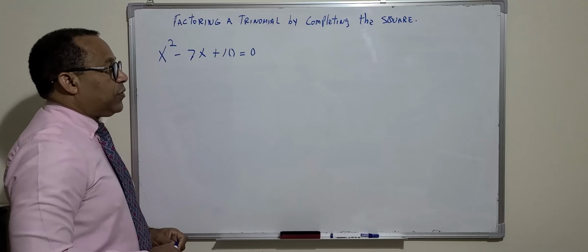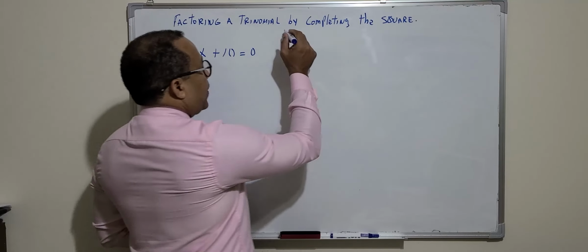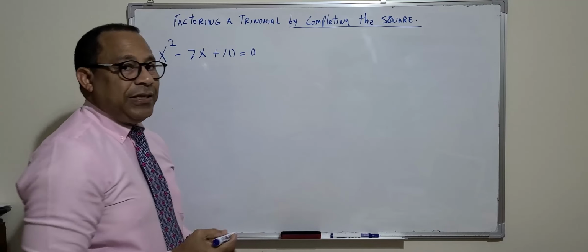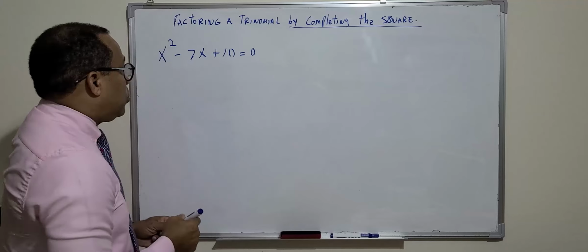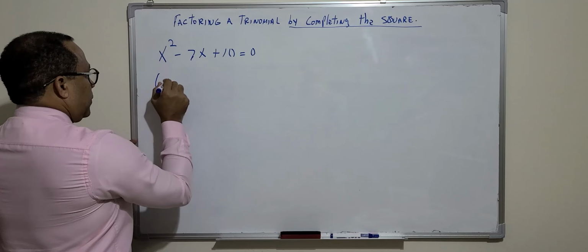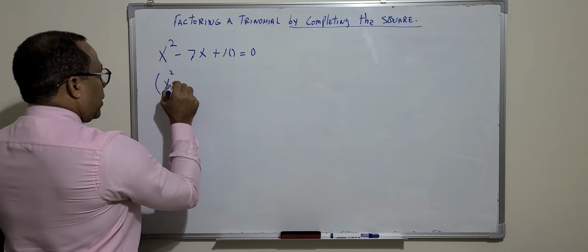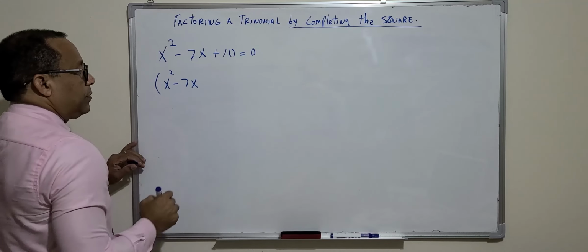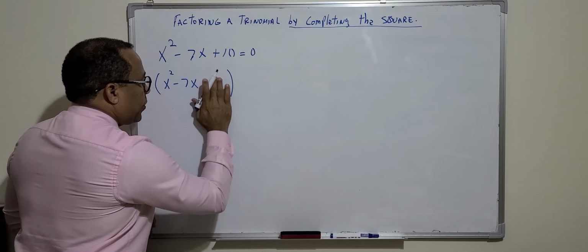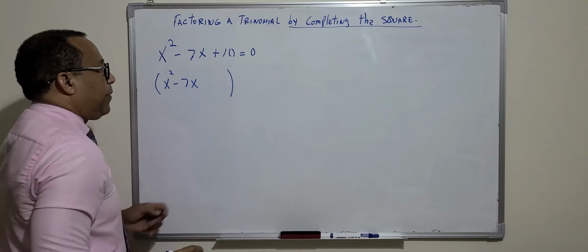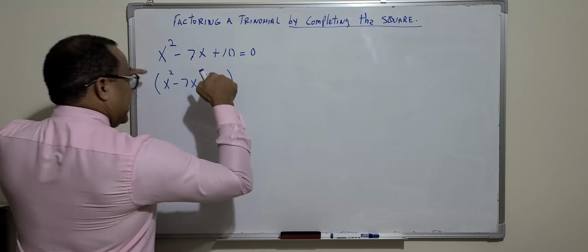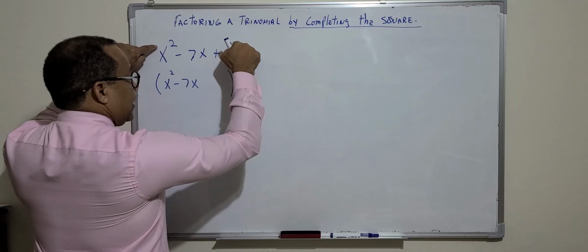Now we are going to factor it, and we are asked to factor by this method, which is called completing the square. So what we are going to do is copy the first term, copy the second term, and we need to find a third term here that makes this trinomial complete. I said this trinomial, not that one.